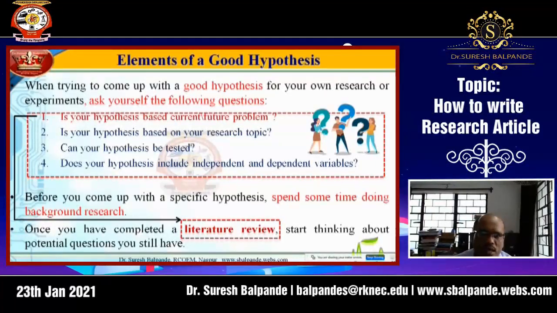Second point: is your hypothesis based on your research topic? Because everyone has some liking about the topic, and you have to check whether the hypothesis which you set is based on your research topic or not. You have to relate it with your research topic. Then, can your hypothesis be tested? This we have just seen.